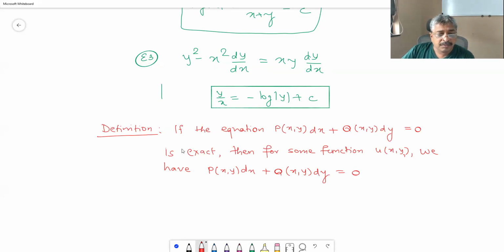I mean, this is the definition of what we mean by an exact differential equation.